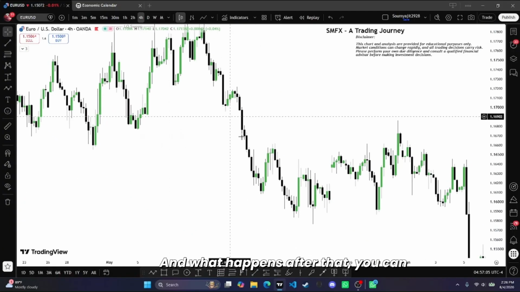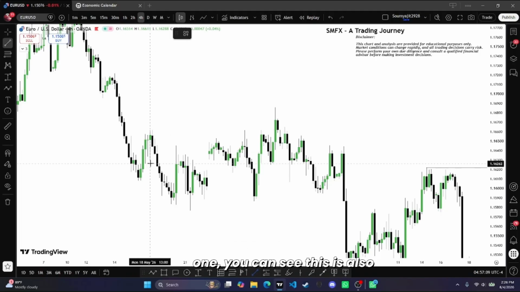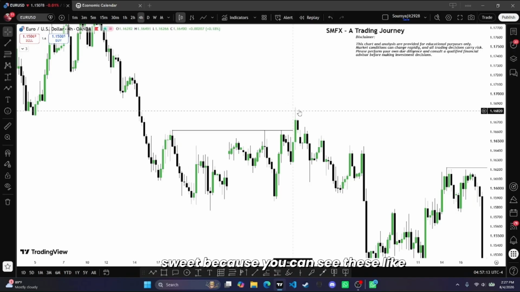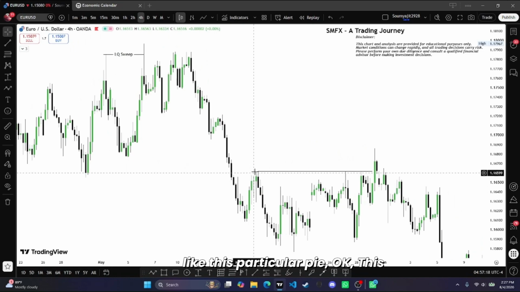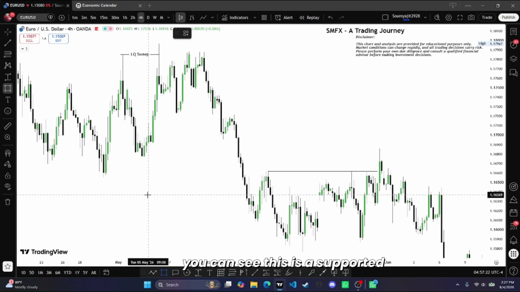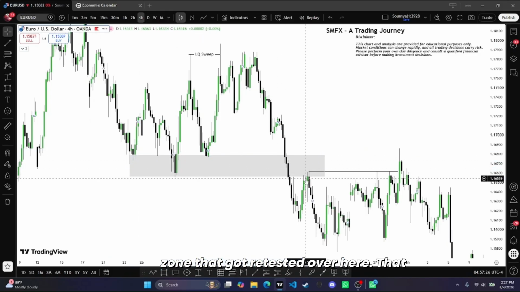And what happens after that? You can see it clearly falls. Similarly, this one is also a sweep because there is mostly wick above. Also, this particular high was liquidity because you can see this is a support zone that got retested over here. That means the retailers would enter here for sales.